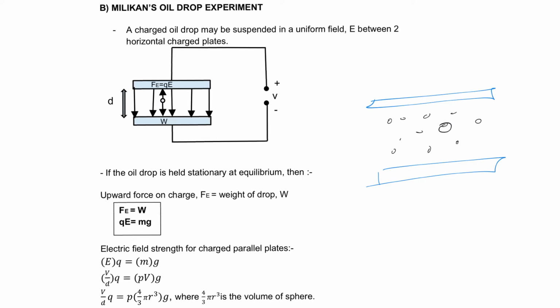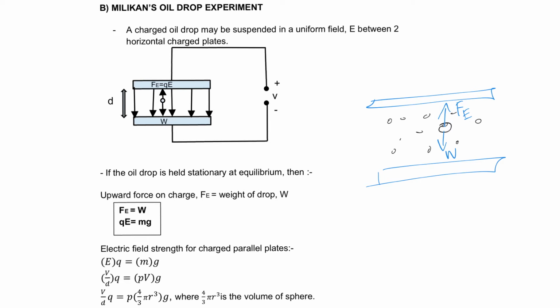Because it has a weight downwards, it will fall, right? But we want it to stop falling and float in mid-air. That means we must apply a force to balance the weight. So what force should we apply? An electric force to balance the weight.